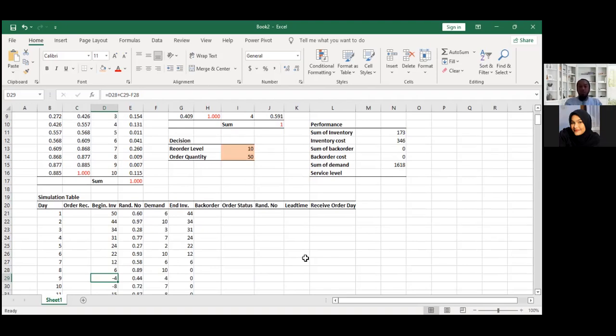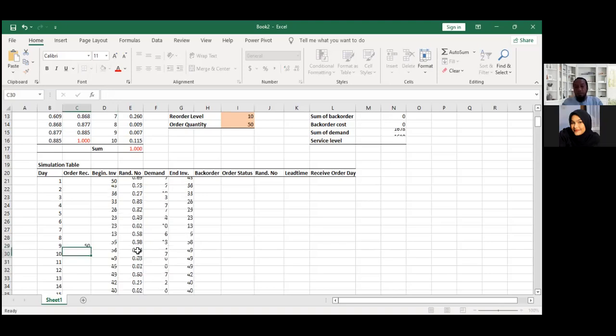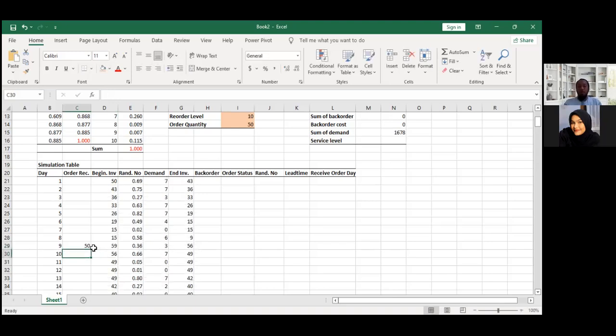For example, if we have minus 4 but we receive 50, some of the 50 will be used to fulfill the back order first. That's why the inventory can be negative here.